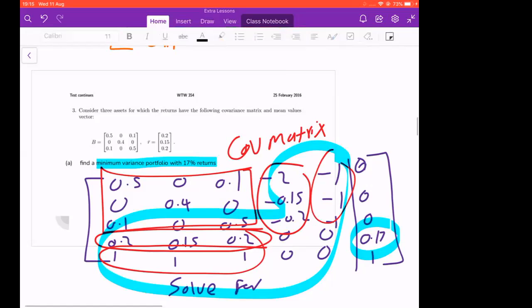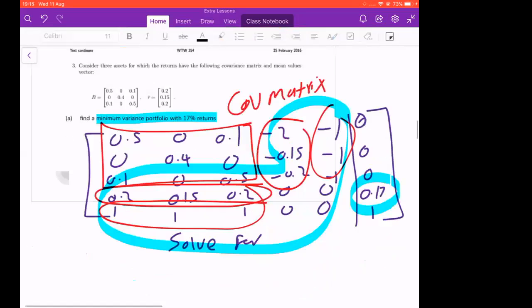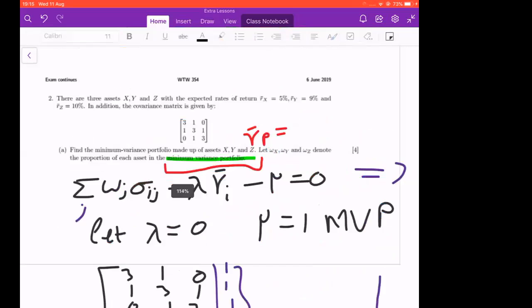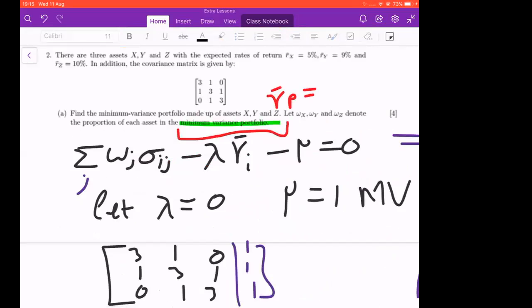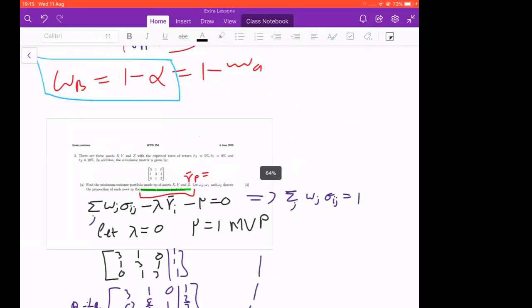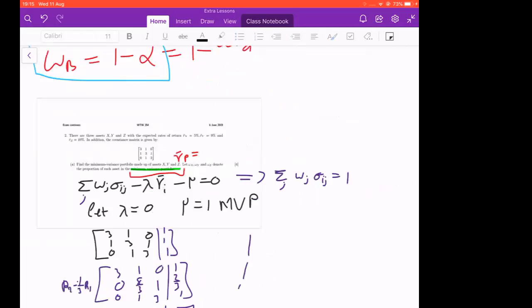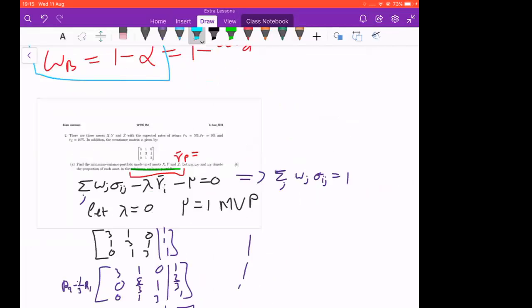But in this one, they just say find the minimum variance portfolio, right? They didn't tell you what the returns should be, which means you just want to find the minimum variance portfolio. And you let mu equal to 1, lambda equal to 0.